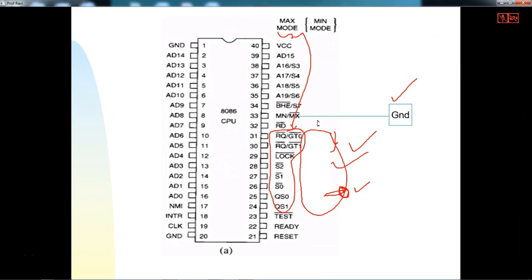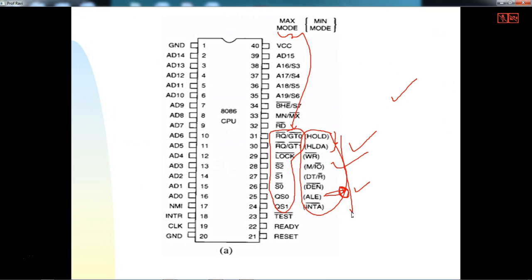But we need ALE, we need write bar, we need IO by M bar for doing memory read or memory write operation, IO read or IO write operation. So how do we obtain these signals in maximum mode, like ALE, data enable bar, data transmit receive, memory or IO operation?